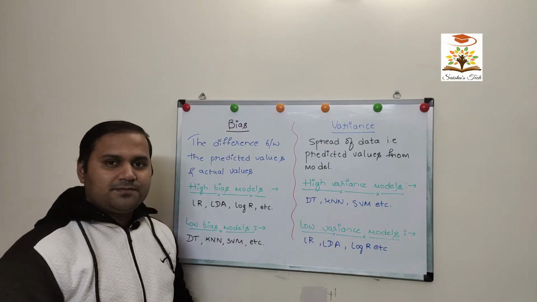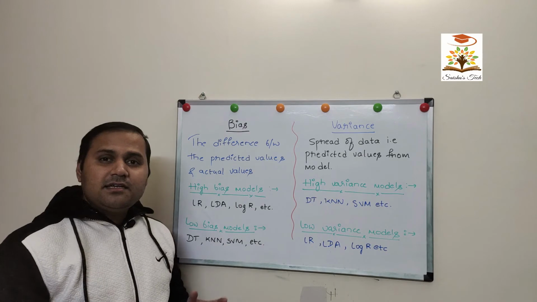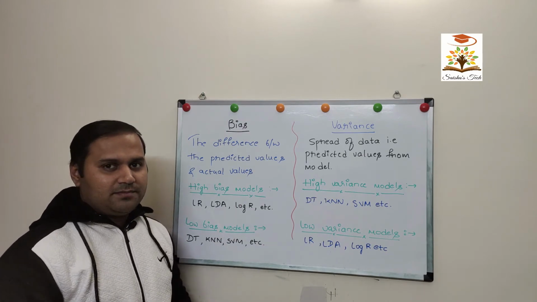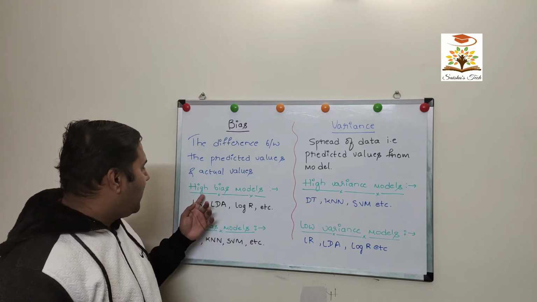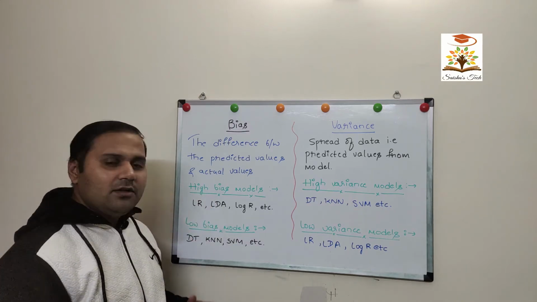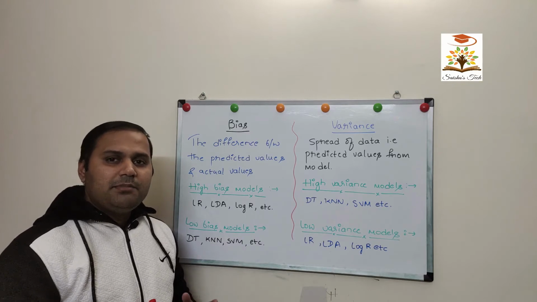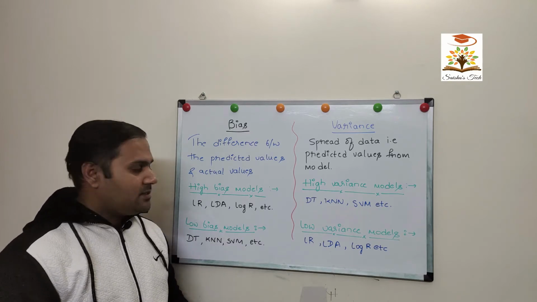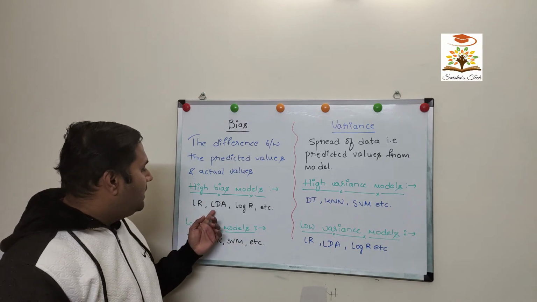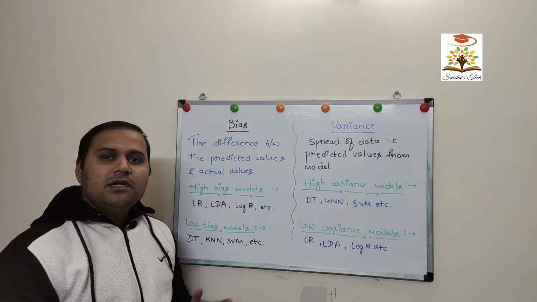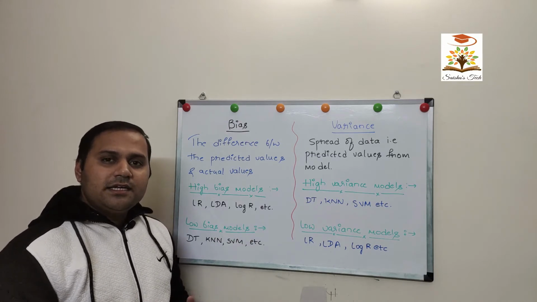Bias and variance. Bias is the difference between the predicted values and the actual values. There are two types of bias, high bias and low bias. There are certain models which provide high bias output, that is linear regression, linear discriminant analysis, logistic regression, etc. These models are linear in nature.